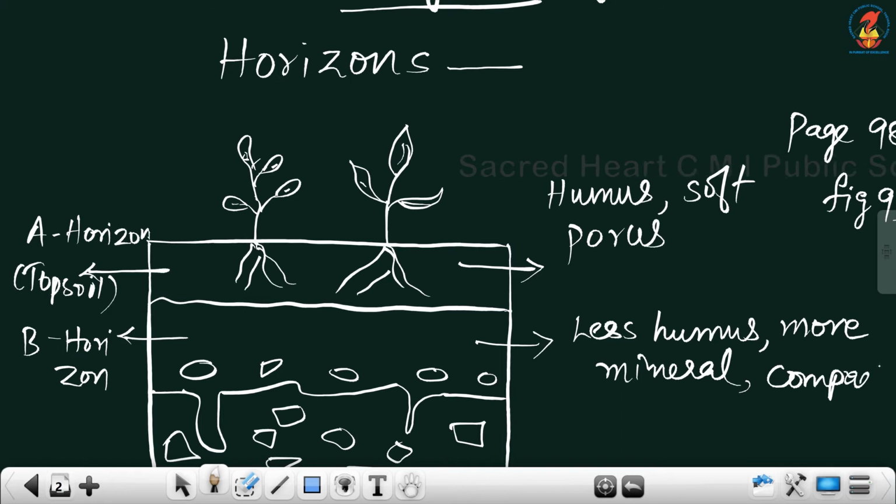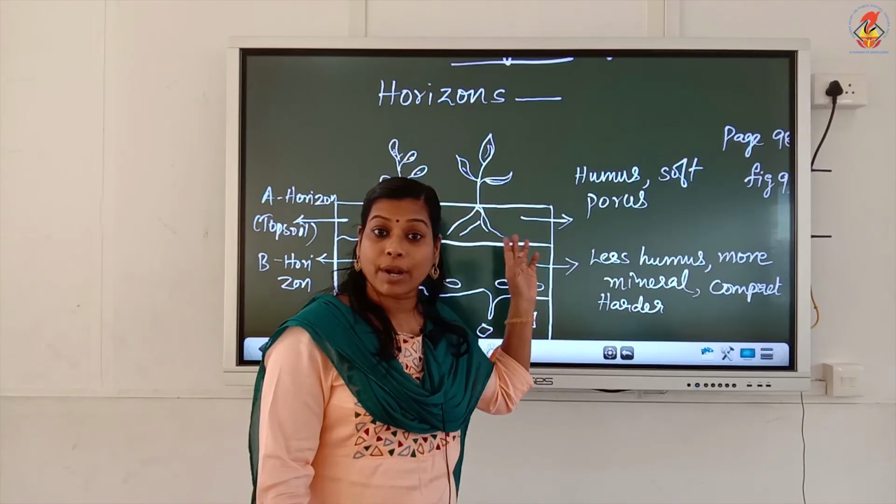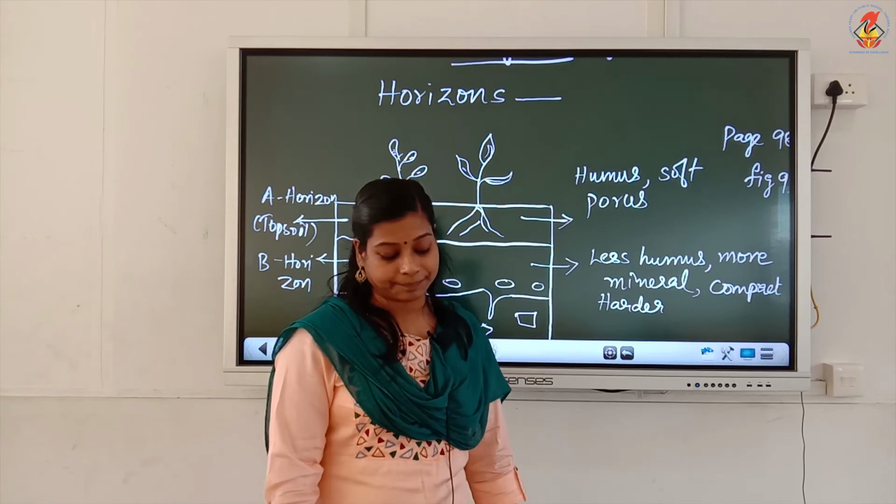When we go down, it becomes very compact, and this layer is harder and a little bit more difficult to dig compared to the top layer. So it is becoming harder and harder. These are the specialities of the second horizon, the B horizon: less humus, more minerals, and more compact and harder compared to the A horizon.